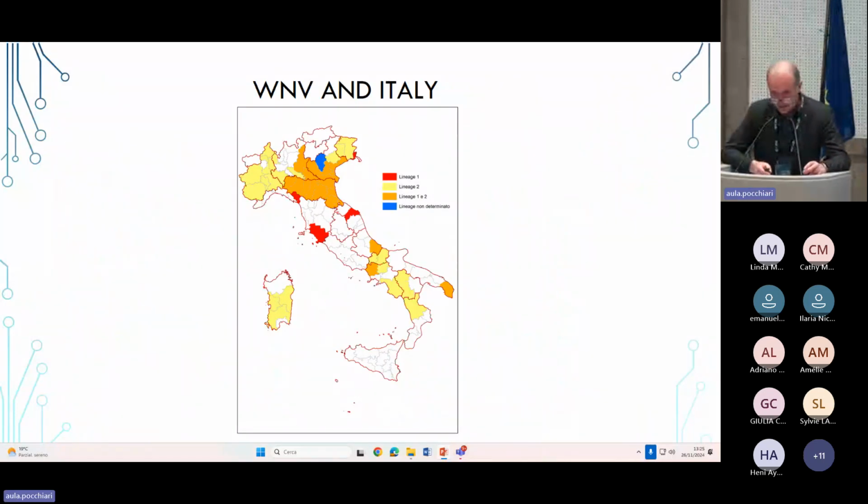So this is Italy 2024. You see that Italy has a peculiarity: it has been interested by a co-circulation of 2 different lineages, lineage 1 and lineage 2, in orange. So this is a peculiarity of Italy.